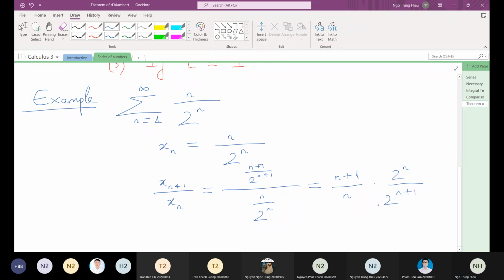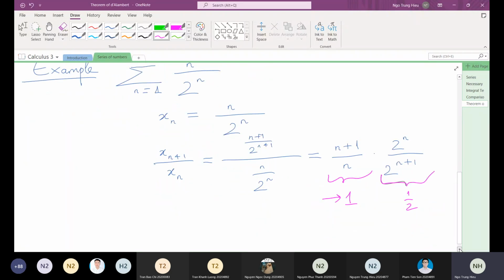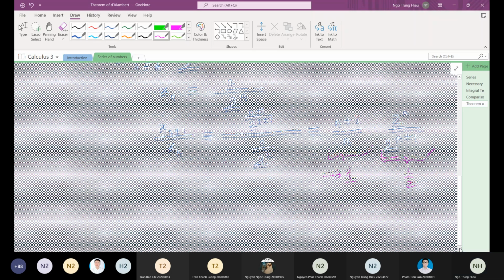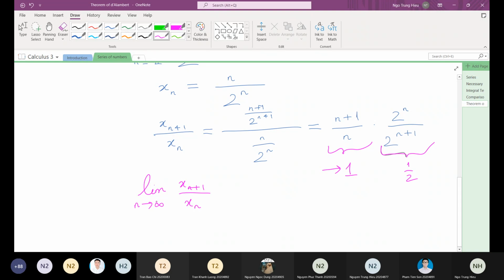But we see that this is 1/2, and the first term, n plus 1 over n, goes to 1 as n goes to infinity. So we see that the limit of x sub n plus 1 over x sub n is 1/2, which is less than 1.